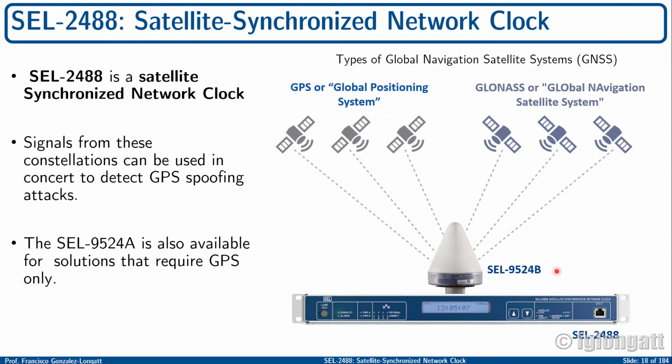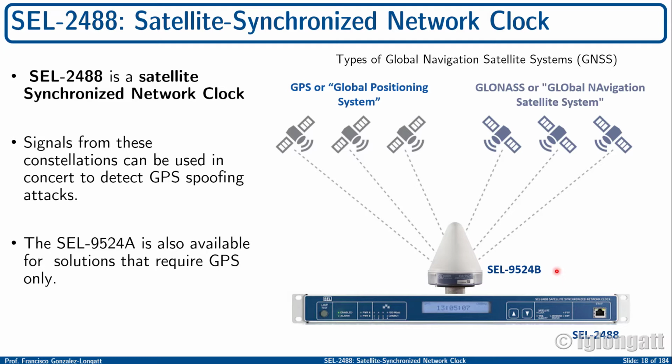That is basically the reason we are talking about the SEL-2488: my research team and all of us are interested in wide area control and wide area protection, and as a consequence, these kinds of synchronized networks are very important.